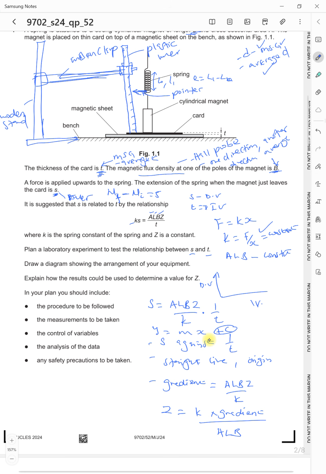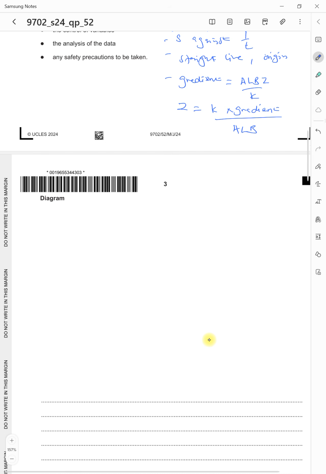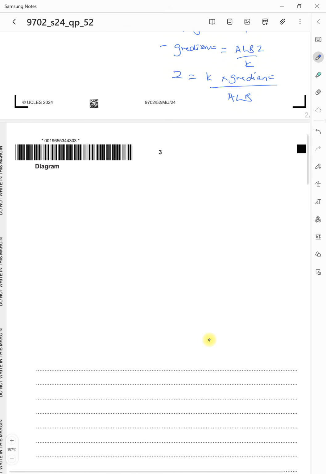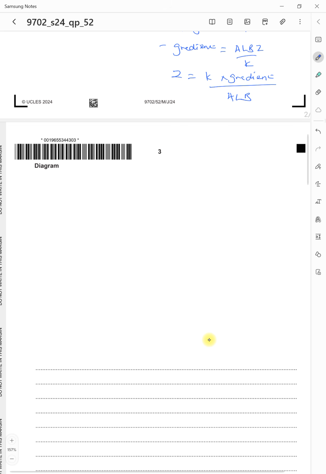But before I write the essay, I may first write the independent and the dependent variables. So I'll say in this experiment, T is the independent variable and S is the dependent variable.